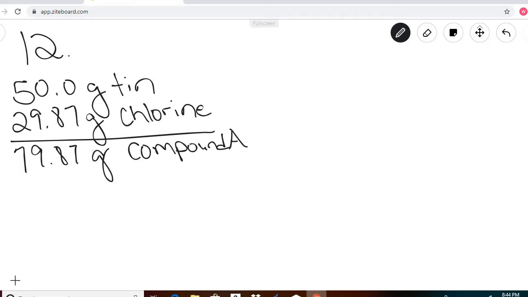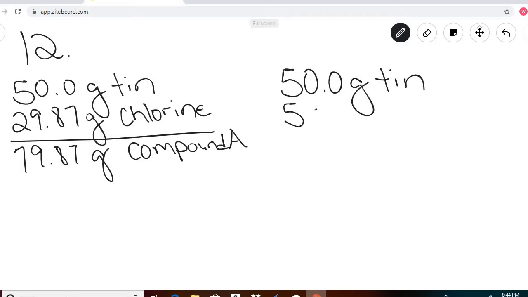Okay. Then for compound B, we're going to react 50 grams of tin, so it's the same amount of tin, same mass of tin. And we're going to react 59.74 grams of chlorine.